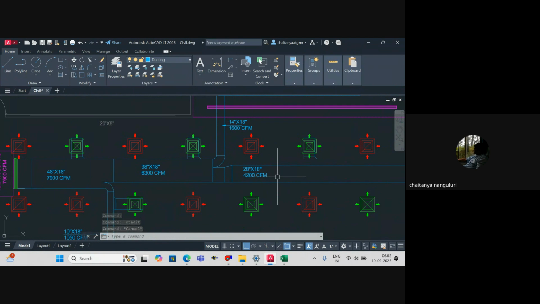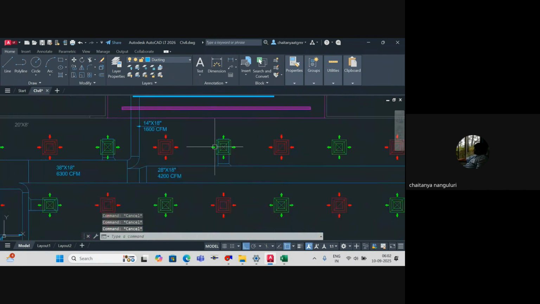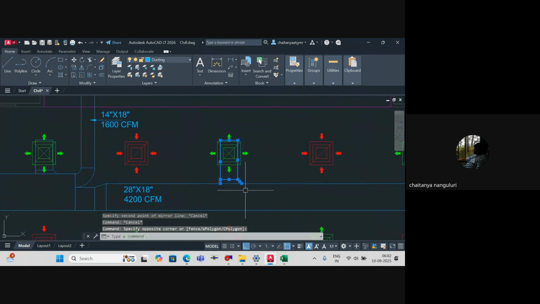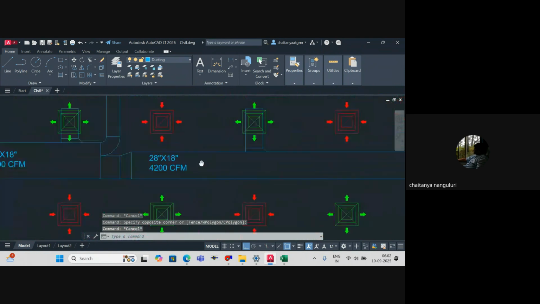So now we have to continue providing collars for all this ducting. So we just provide ducting here. We are not doing this at all, right?